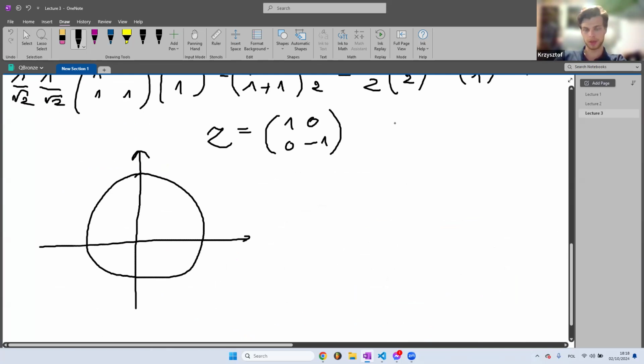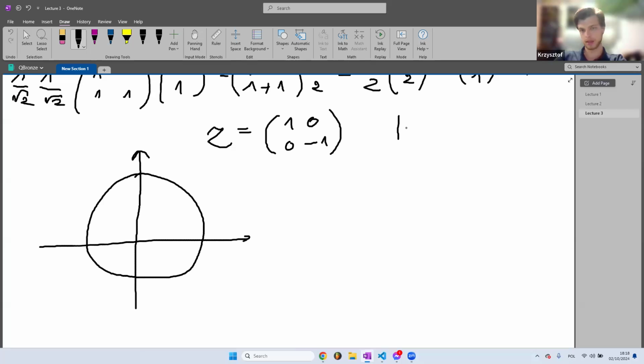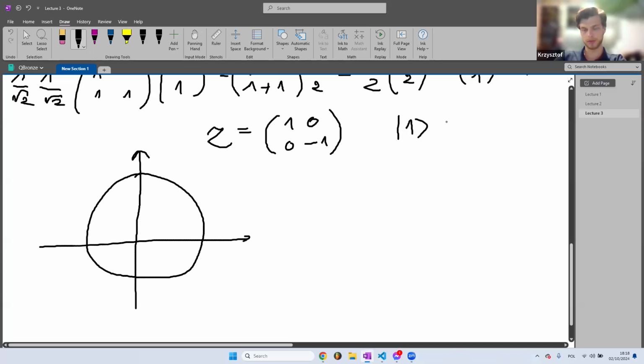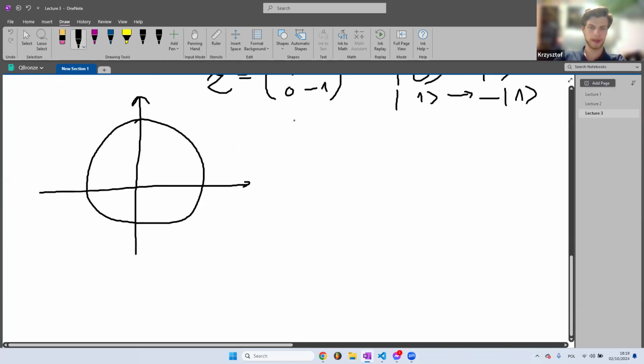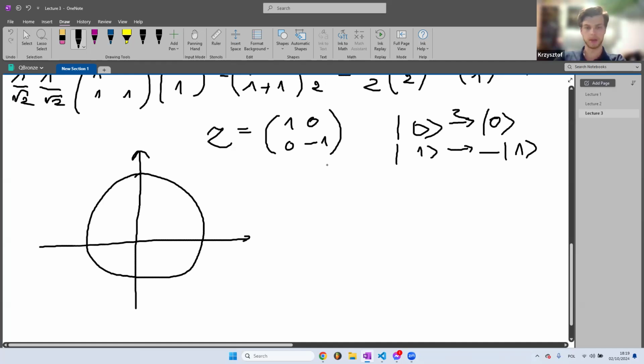And as you may also recall, the zero state is transformed to the zero state, and the one state is transformed to the minus one state after applying this Z operator.